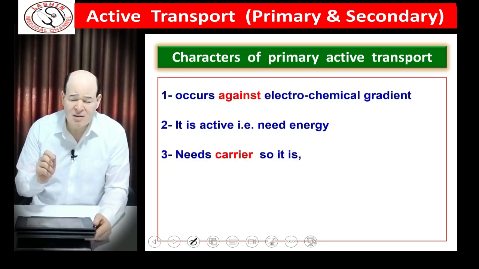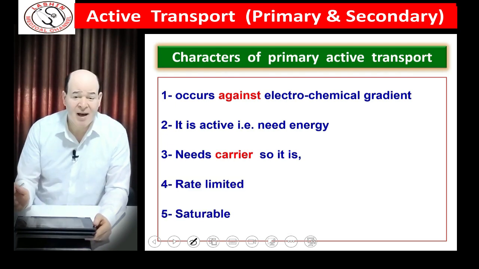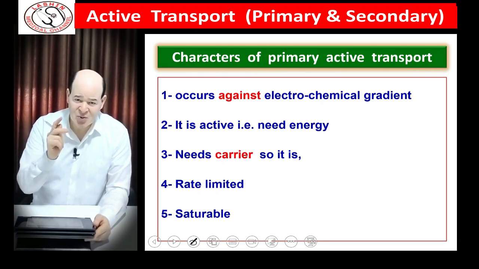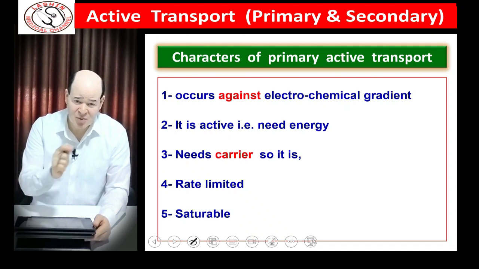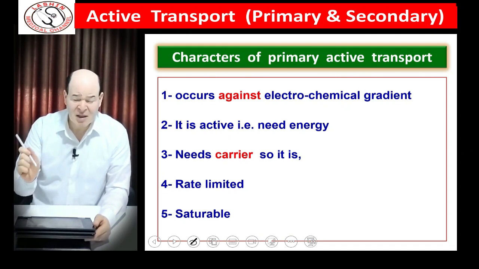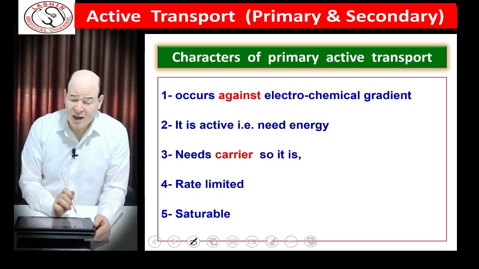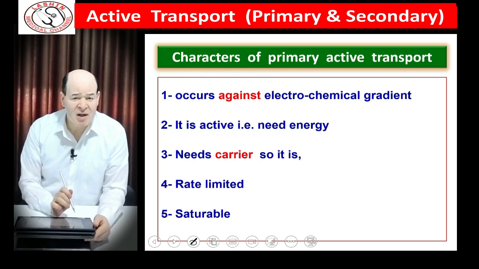Third, there must be a carrier, whether in primary or secondary active transport. And when we mention a carrier, we must mention 2 important characters. As we said before with facilitated diffusion, there must be rate limitation and there must be saturation. So the process of active transport occurs in living cells.